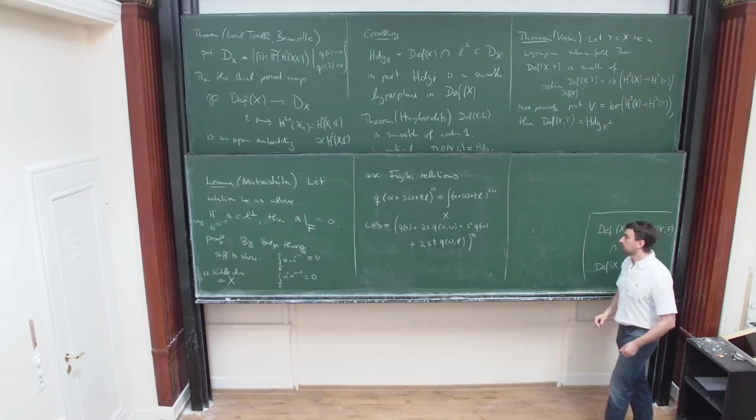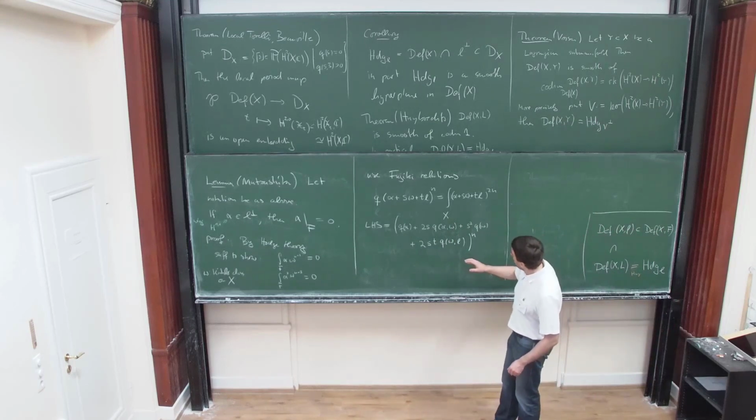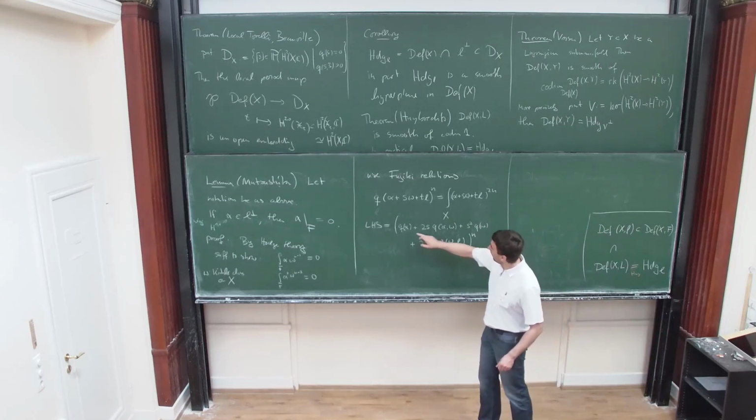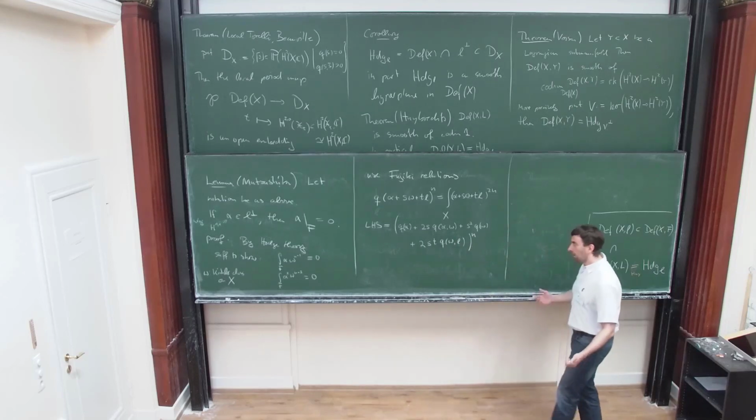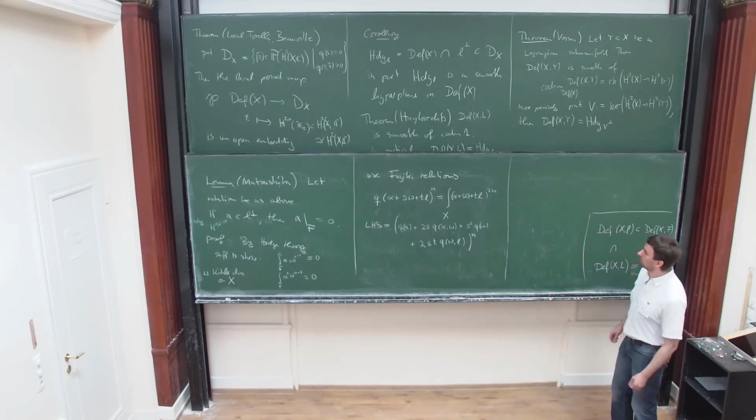Okay. So the reason is that L is perpendicular to alpha by assumption, and Q of L is 0. And I think that's all.